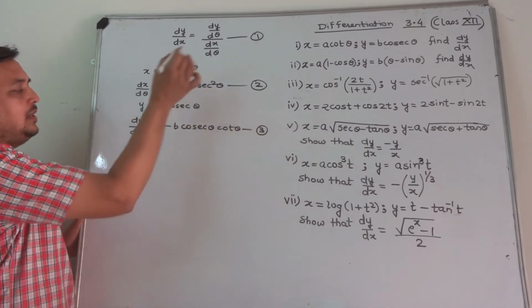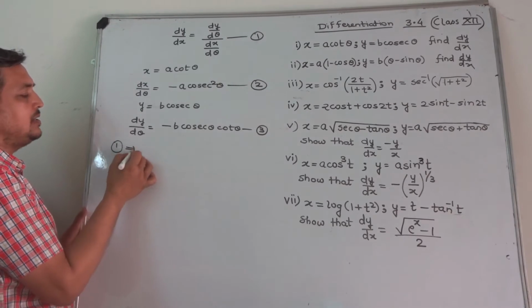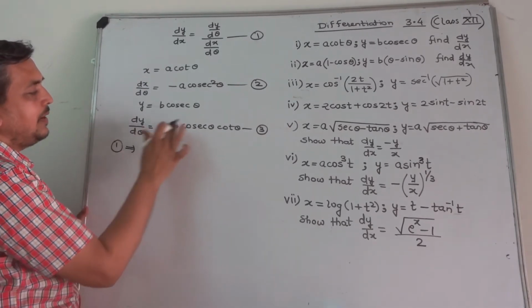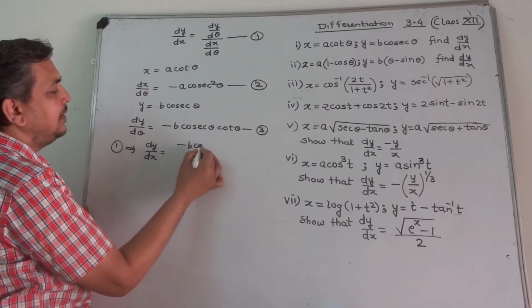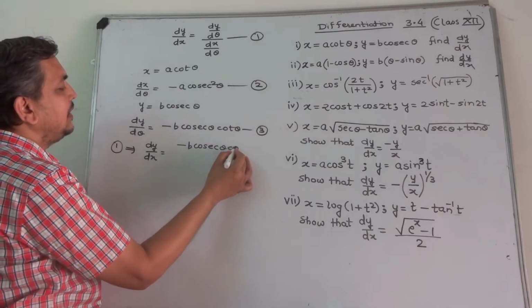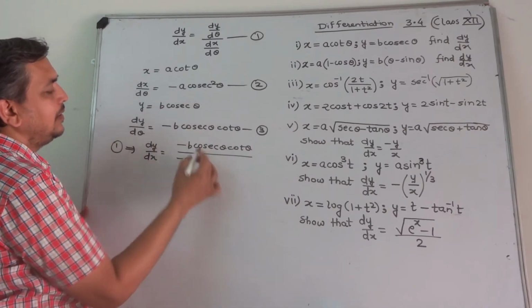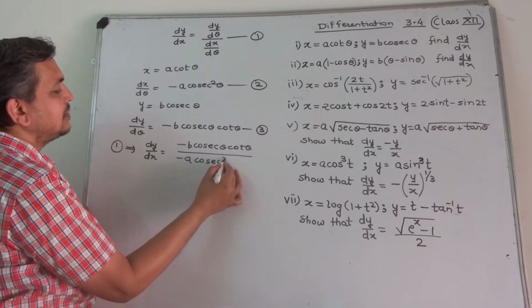Then using 2 and 3 in 1, dy by dx equal to dy by d theta is minus b cosec theta cot theta upon minus a cosec square theta.